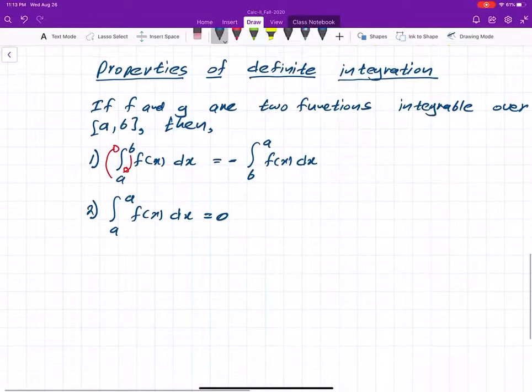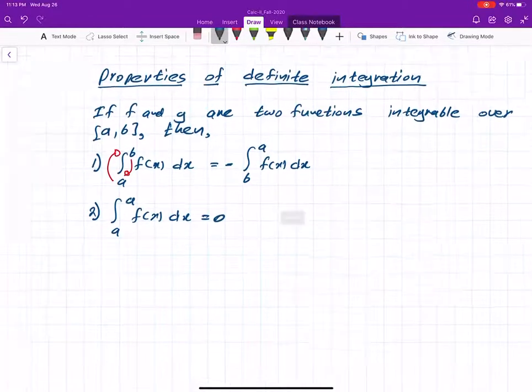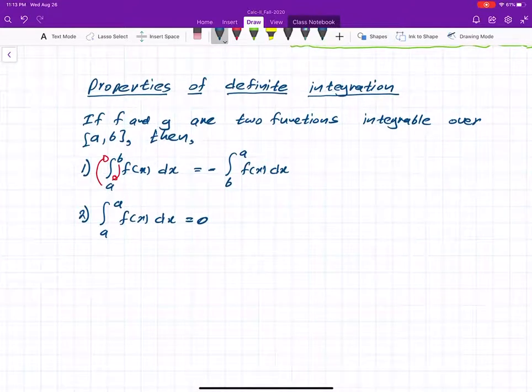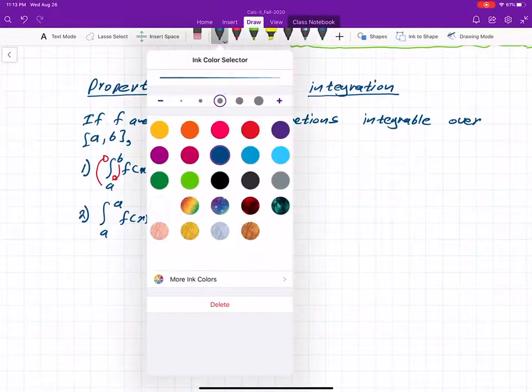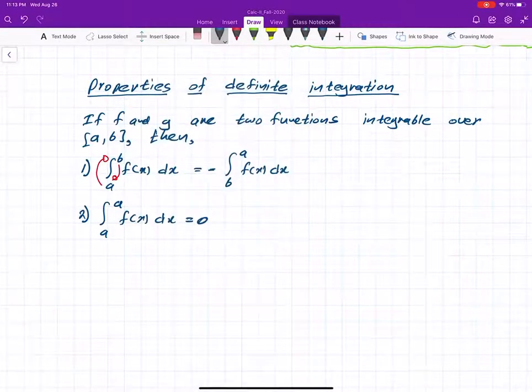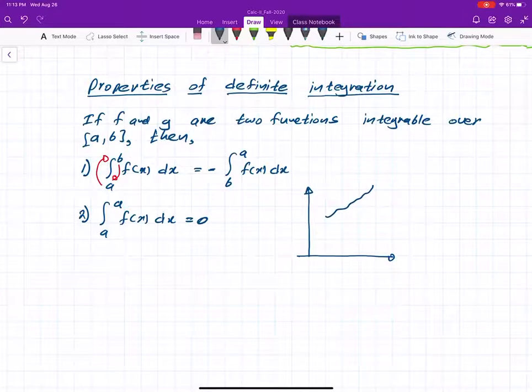Let me explain this by using that area example. Let's say you have this curve, and you know this quantity is related to the area. But the problem is here it starts at a and ends at a.